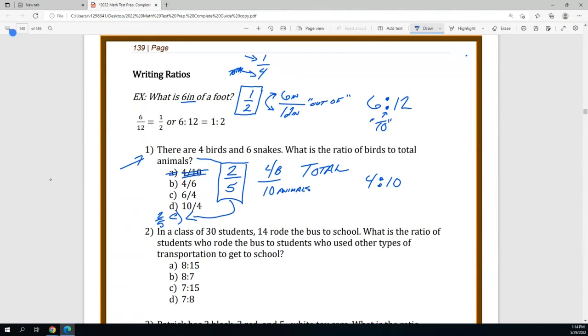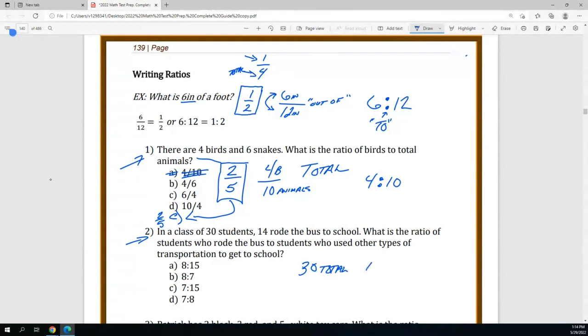Look at the next question. The next question says, in a class of 30 students, 14 rode the bus to school. What is the ratio of students who rode the bus to school to those who use other types? So they tell you that there's 30 total students.